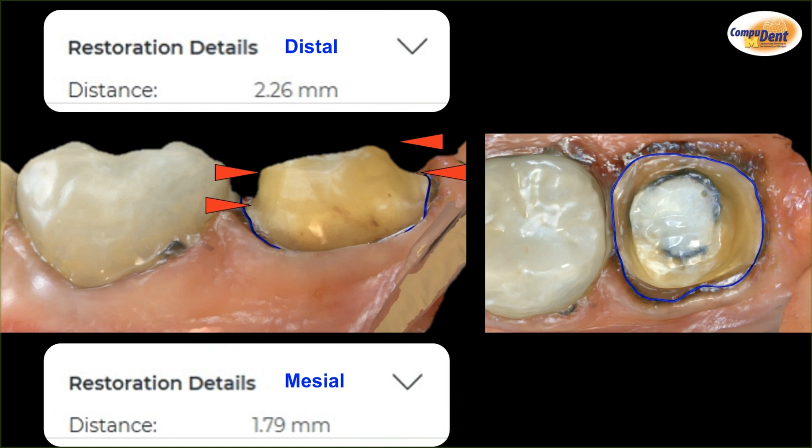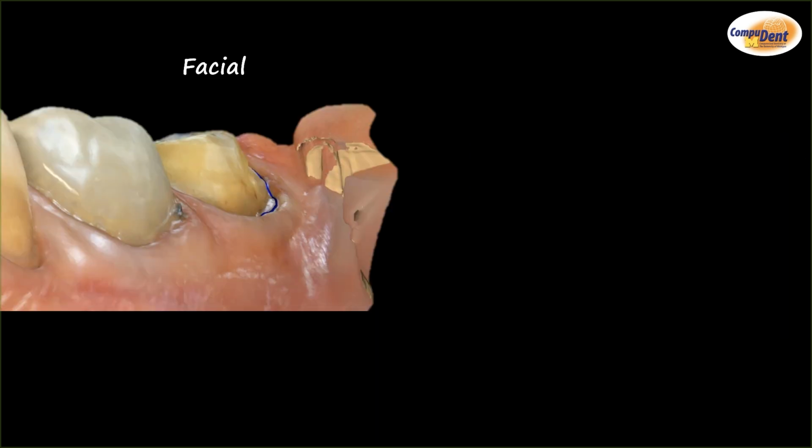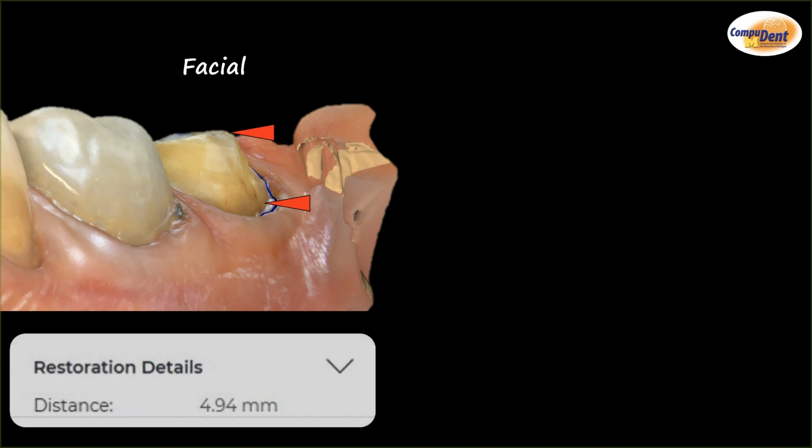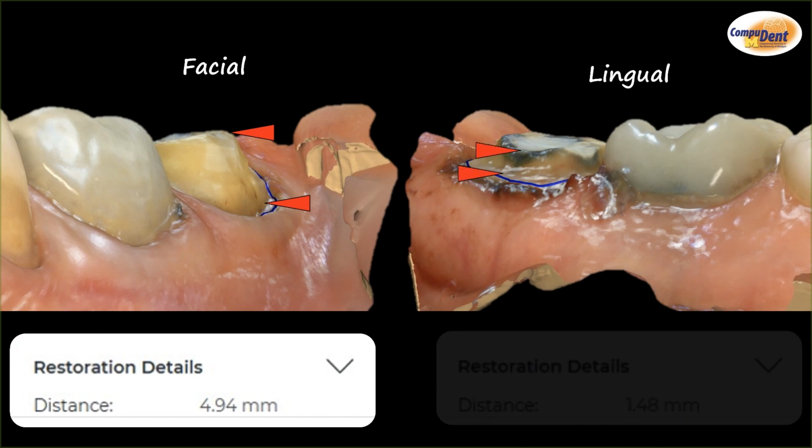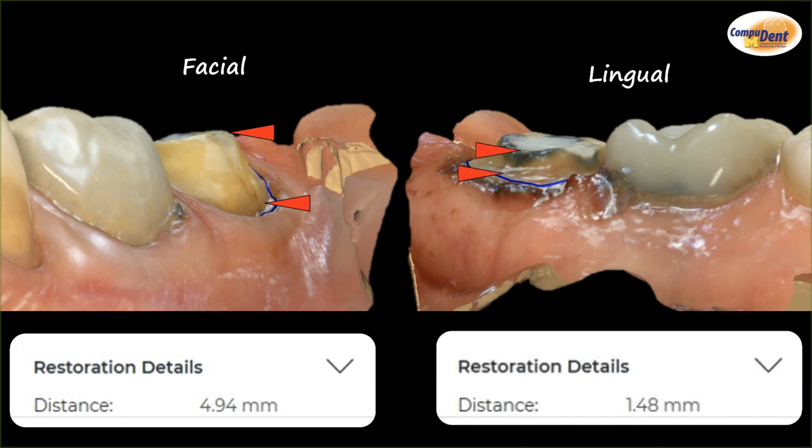Remember, the concept of a core means it is going to provide the primary retention for the restoration. How is that going to provide any primary retention? Especially if we look at it from the facial. You go, oh, look, we got a lot of wall on the facial. We feel really good, almost 5 millimeters. But it doesn't matter because look at what you got on the lingual. You're at 1.5 millimeters.